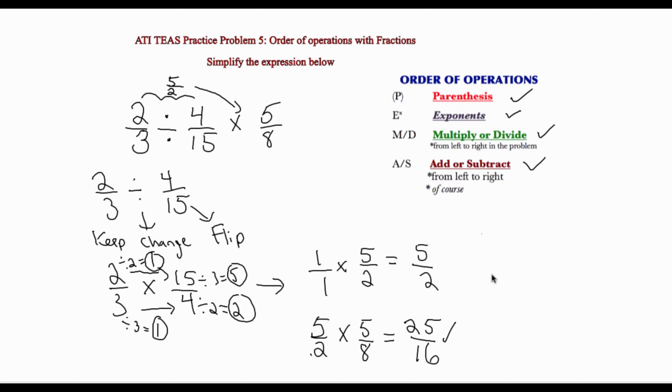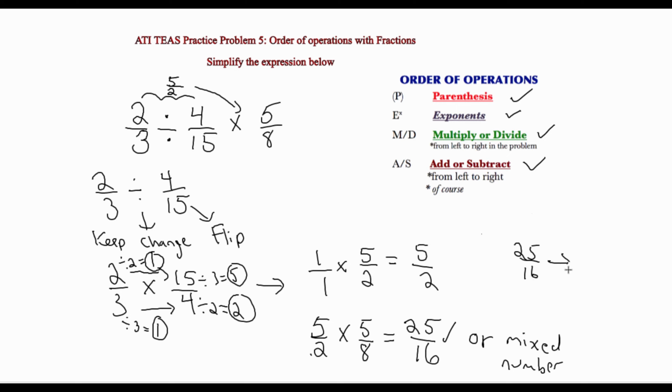Your answer choices could come in the form of a fraction like this, or in the form of a mixed number. Now let's say that your answer choices are in the form of a mixed number. How would you change 25/16 to a mixed number?